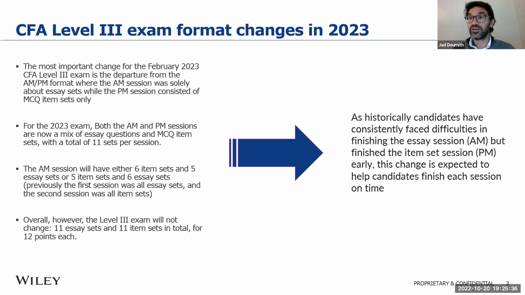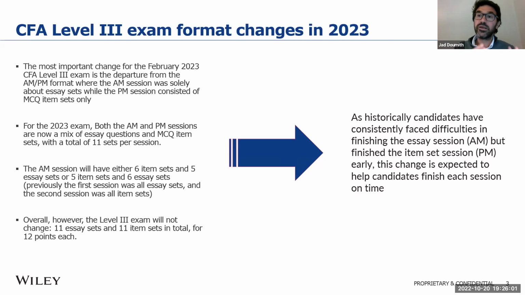So to make it simple here, CFA Institute actually mixed the two types of questions in both sessions. And that's really, in my opinion, the most important change to the level 3 format. Starting from the February 2023 exam, the morning session will be a mix.